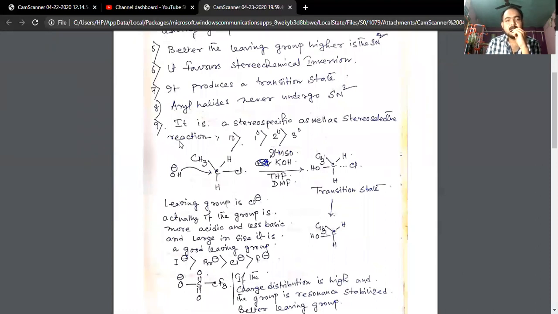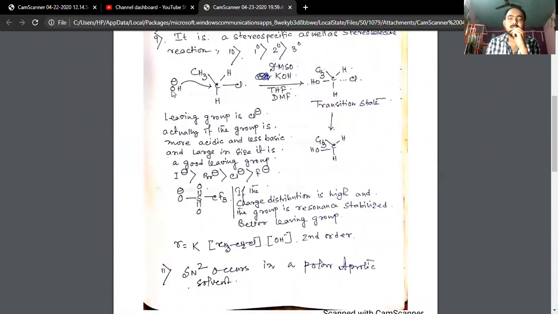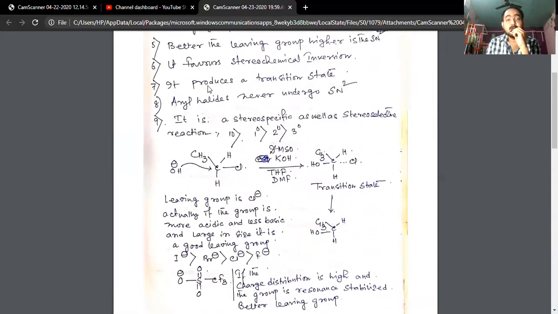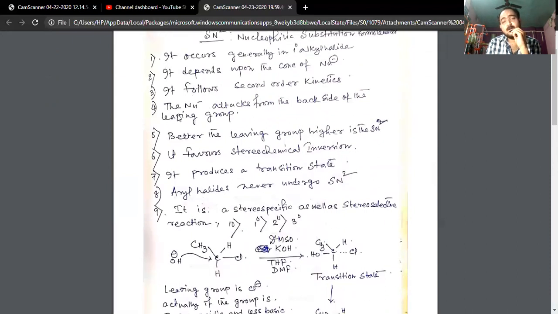Now the next point, it is a stereospecific as well as a stereoselective reaction. Why stereospecific? You can see here, the OH minus attacks from the back side. It means the nucleophile always attacks from the back side, so the attack site is specified.